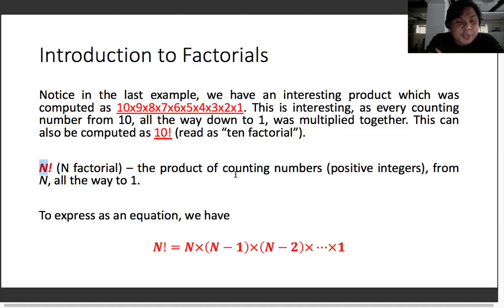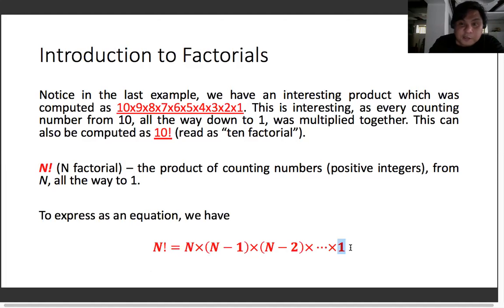Okay? So to express it as more of a technical equation, n factorial can be defined as n times (n minus 1), which means 1 counting number lower, times (n minus 2), and you keep multiplying until you reach positive 1. Now this one is convenient because the earlier example can be answered in terms of factorials.